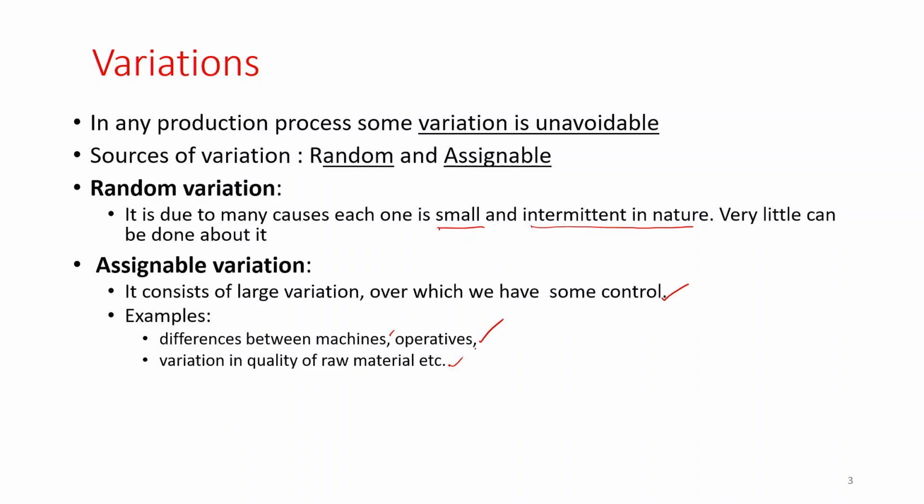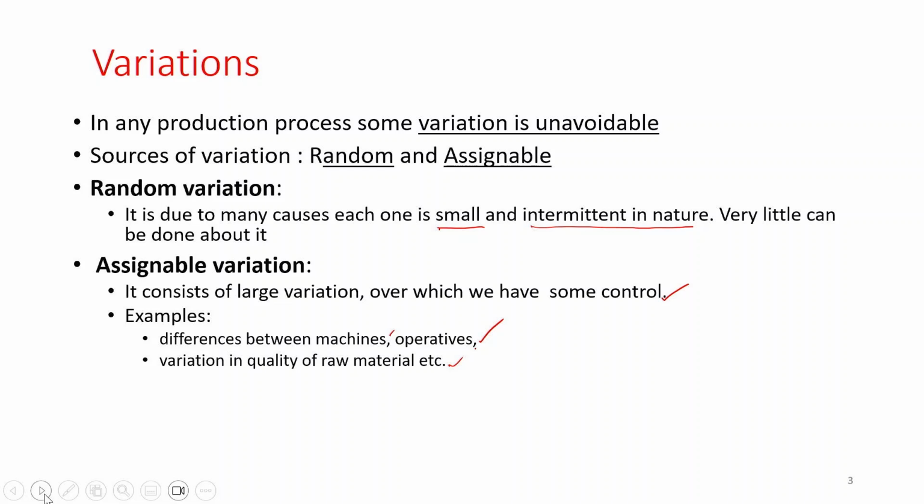So therefore, we say that there are some assignable variations on which we have control, and there are some random variations on which we do not have control, like change in relative humidity from place to place within the shed, or sudden change in voltage.